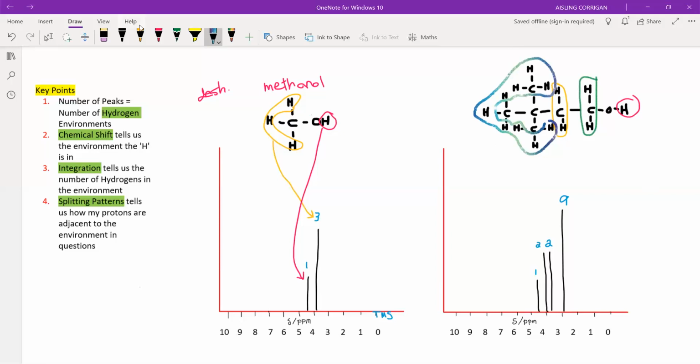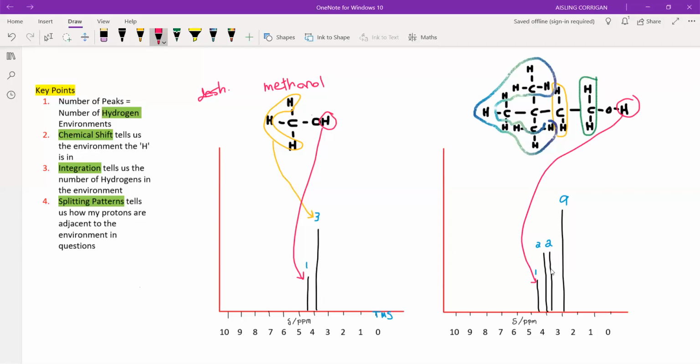It seems fairly accurate. Now, which peak belongs to which environment? Well, I'm going to look at my integration number. And I should say here, not all questions are going to give you an integration number. I'm just doing examples where there is an integration number. But anyway, this peak has 1 in it. This is telling me the hydrogen environment that produces this peak has 1 hydrogen, which has to be this guy over here.